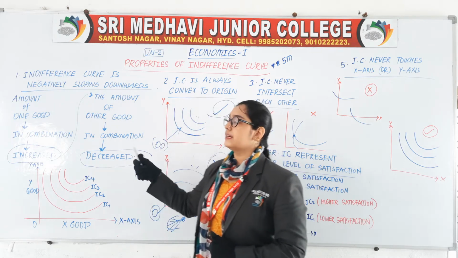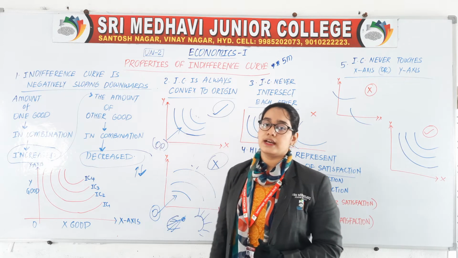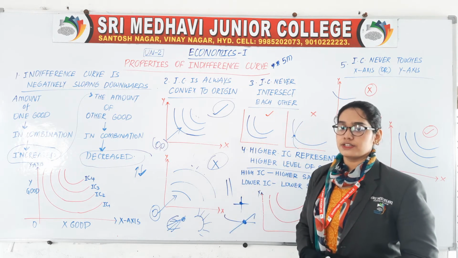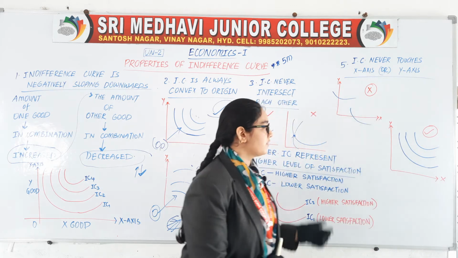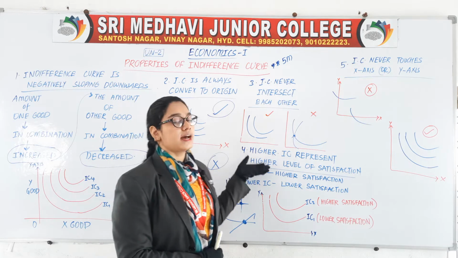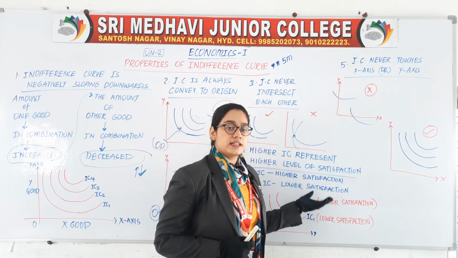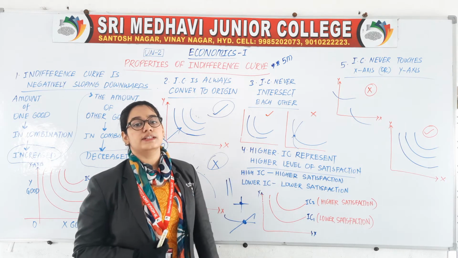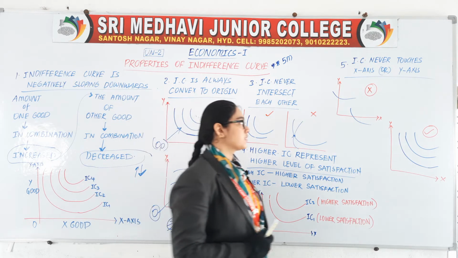First one is it is negatively sloping downwards. Second is it is always convex to the origin. Third is indifference curves never intersect. Point number 4, the higher the indifference curve, the higher the level of satisfaction. The lower the indifference curve, the lower the level of satisfaction.